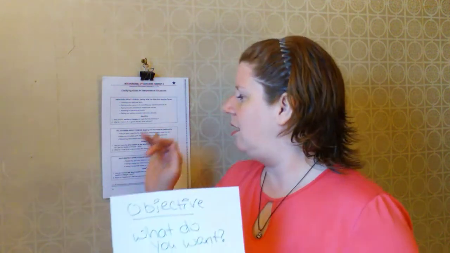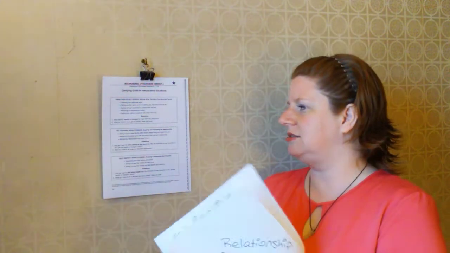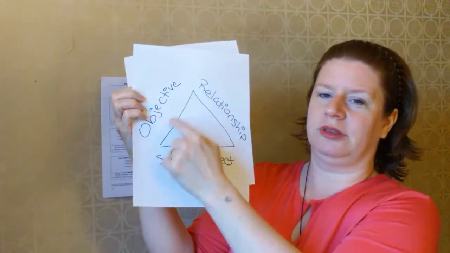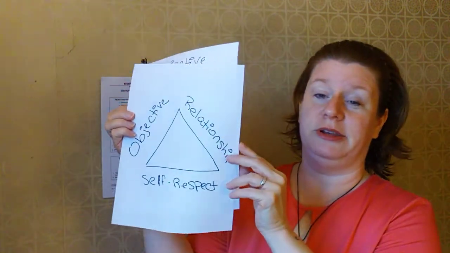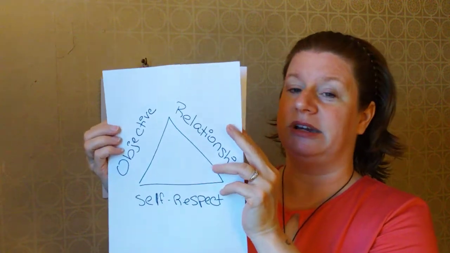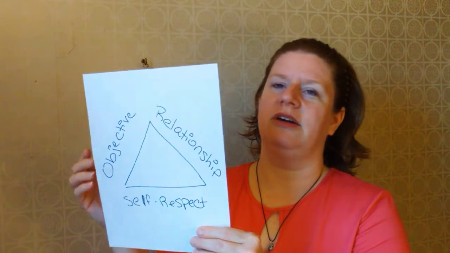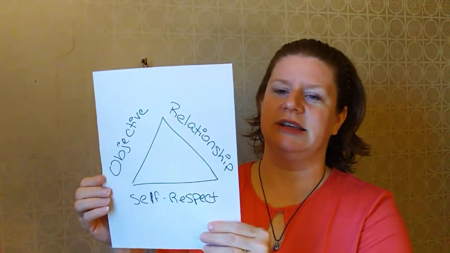And then on the third side, which actually is the top thing here, the third side of the triangle, or maybe the first side of the triangle, depending on your perspective, what's the objective? So I mentioned before, I'm a therapist and a coach, and very often I have clients coming in who tell me about a difficulty in their life, and my response to them is, what do you want?